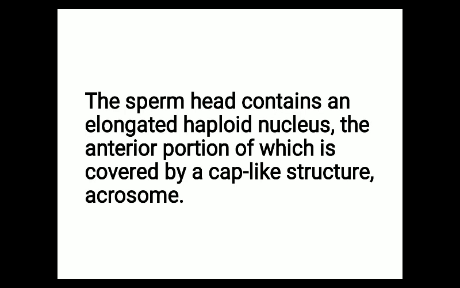The nucleus will possess a half set of chromosomes, so only 23 chromosomes will be present inside the nucleus, and above this nucleus a cap-like structure will be present, known as the acrosome. The acrosome possesses some hydrolytic enzymes and helps in the penetration of the plasma membrane of the ovum during the process of fertilization.